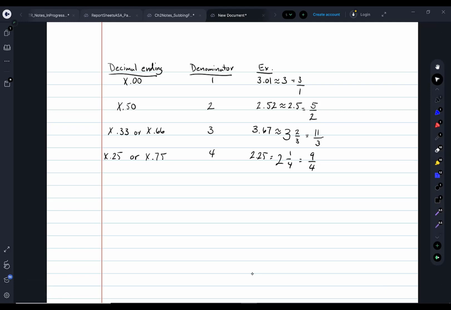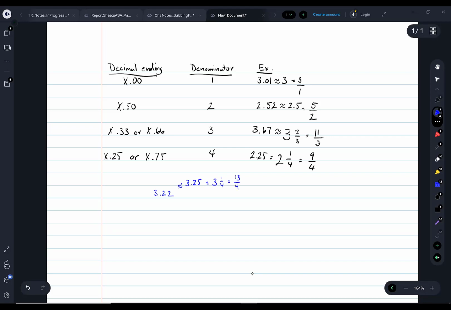Now, the reason I make these distinctions is because what if I gave you 3.22? This could be approximately what? 3.25 by the rules I'm giving you, which is 3 1/4 or 13/4. Yeah.